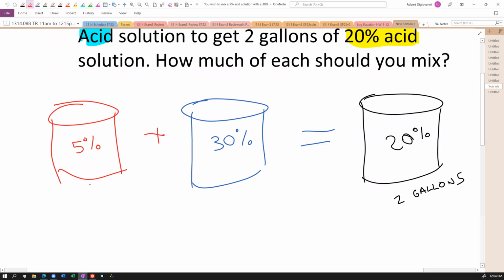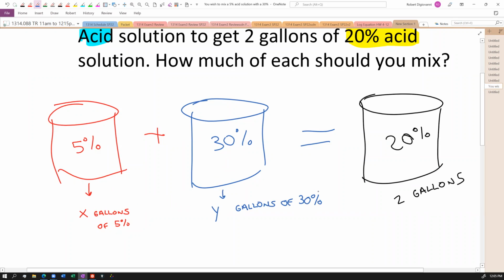Let X be the gallons of 5% we're going to pour in, because we're going to pour these two together, mix them into a container, and we want 2 gallons at the end, and that mixture at the end has to be 20% acid. So let X be the gallons of this, and let Y be the gallons of the 30%.